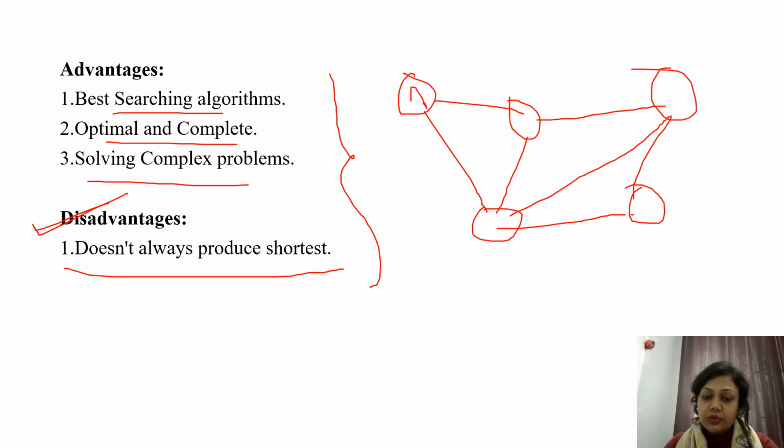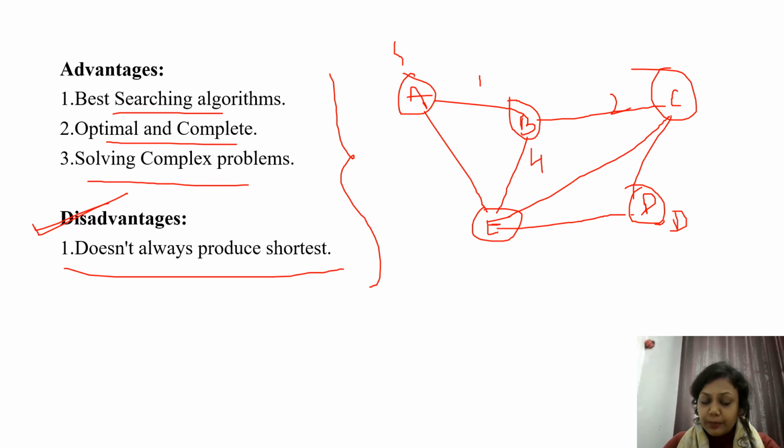These nodes are suppose A, this is B, this is C, this is D, and this is E. Now we are given some values, and the starting state is A and the destination state is D, or we can say our goal node is D. Now it does not always produce the shortest path.